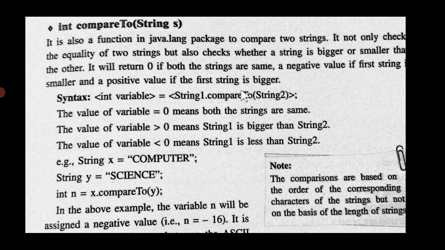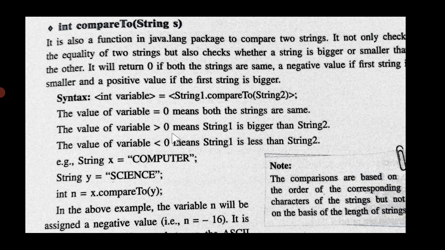Now students, you can see here the format: int variable equal to string1 dot compareTo, and in the brackets we pass the second string, that is string2. If the value of the variable is equal to 0, that means both the strings are same.